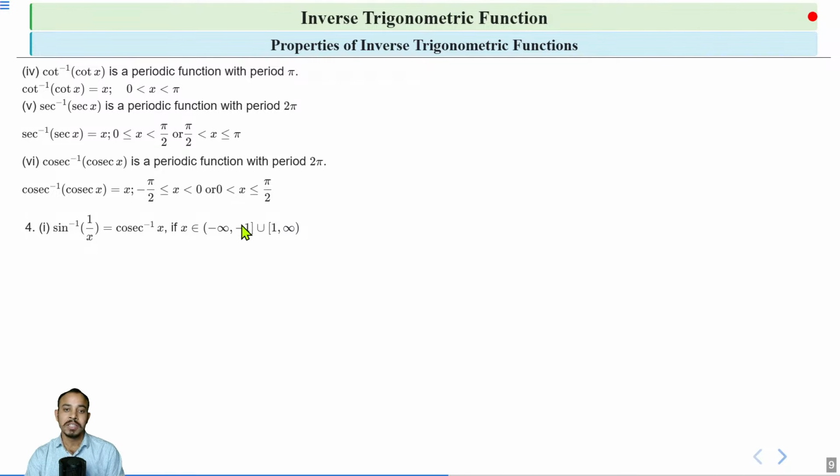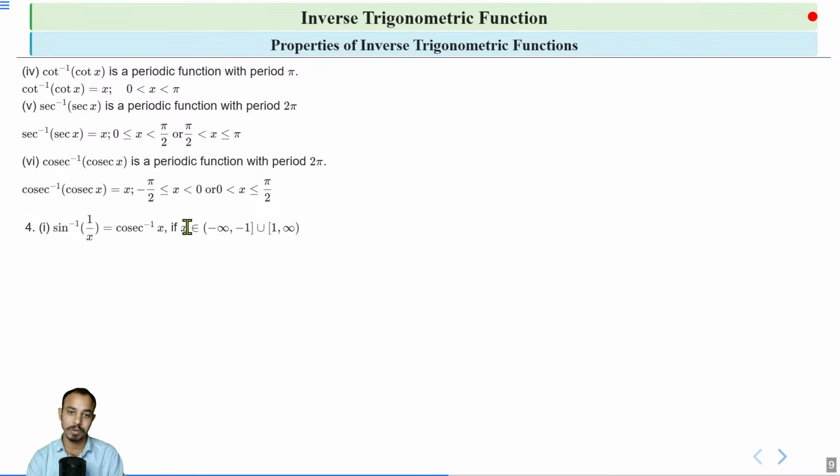Then see sine inverse of 1 by x. What is sine inverse of 1 by x? How can you write sine inverse of 1 by x in terms of cosec inverse? Sine inverse of 1 by x can be written as cosec inverse x if x belongs in open minus infinity to closed minus 1 union closed 1 to open infinity.